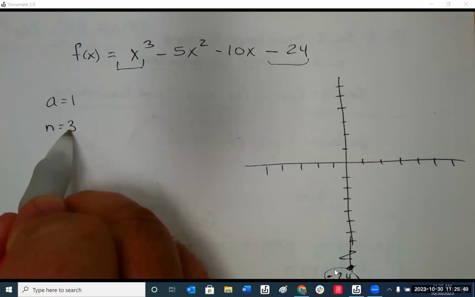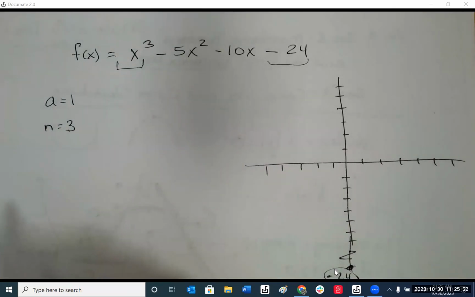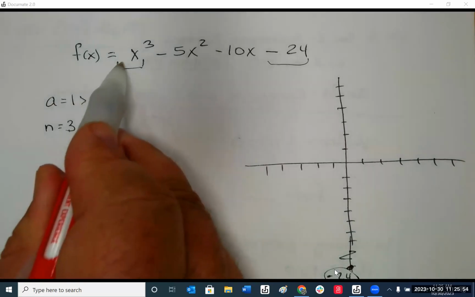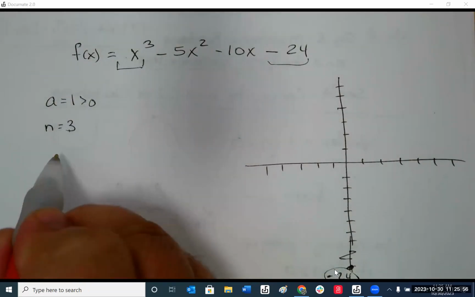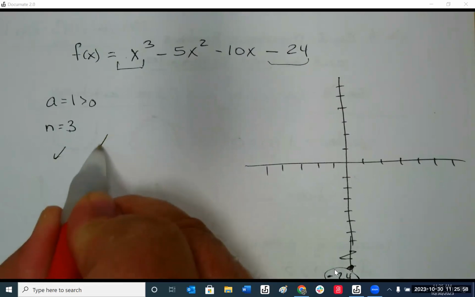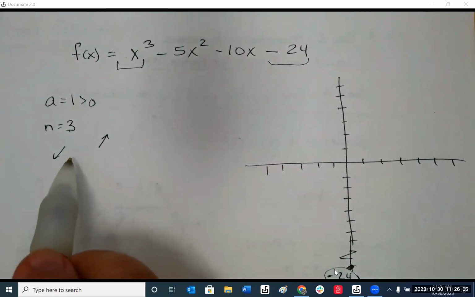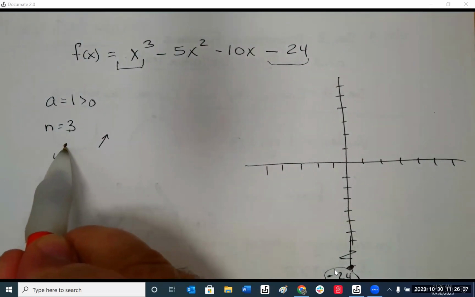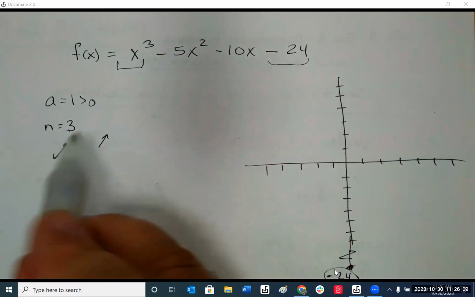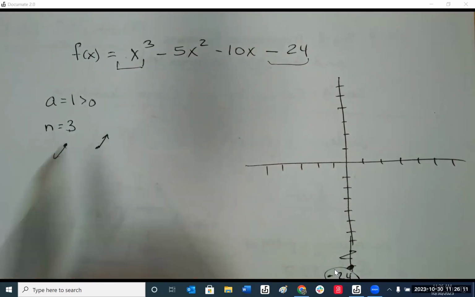Because it's cubic, we know that both ends point in different directions. Since a, the leading coefficient, is greater than 0, the left side goes down and the right side goes up. It's an increasing function. So from the farthest left endpoint, it goes down. For the farthest right, it goes up.